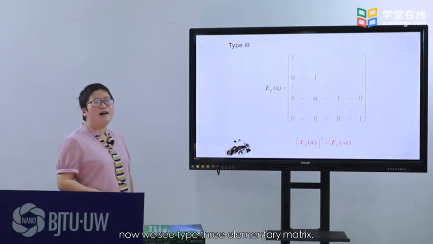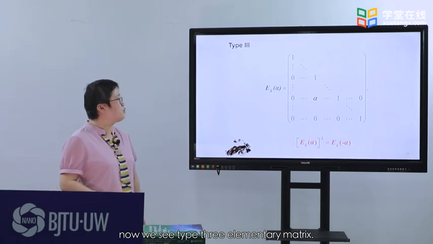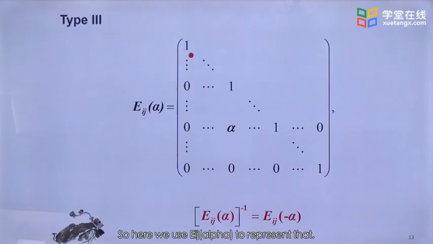Now we see the type 3 elementary matrix. Here we use Eij(alpha) to represent a type 3 elementary matrix, which is obtained from the identity matrix by using alpha times the ith row, then adding it to the jth row.